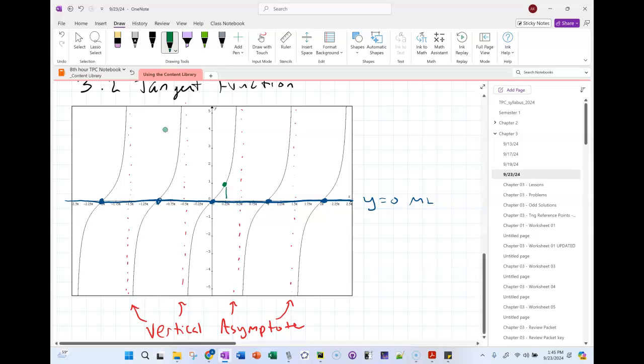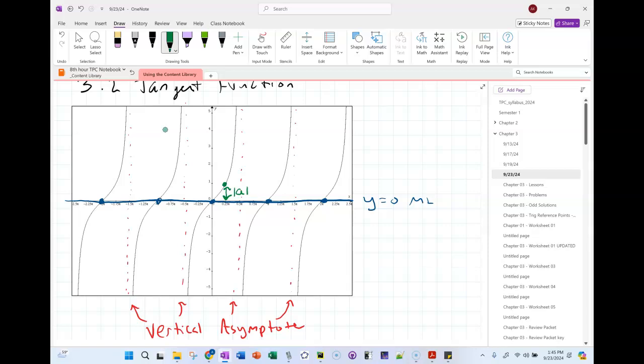The distance from that point back to the midline will be the same as the absolute value of a. So it's kind of like our amplitude, but it's not an amplitude.